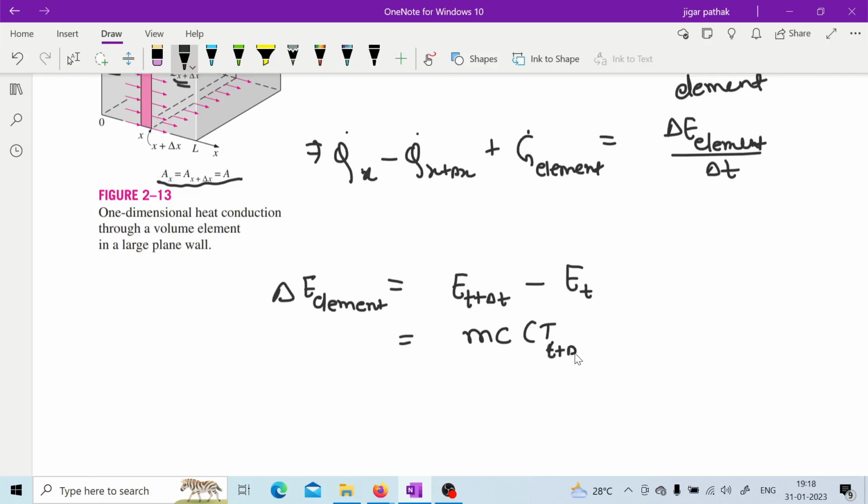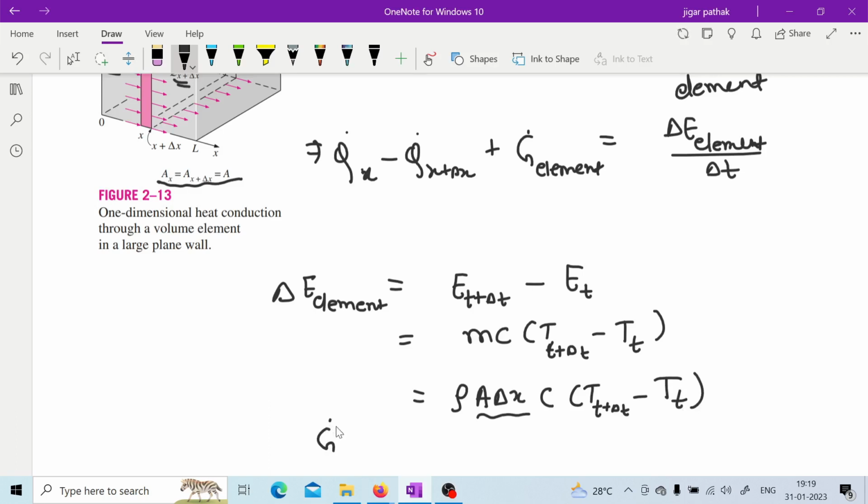And m can be written as rho into V. Rho into V is nothing but rho A delta x in our case, because A delta x is the volume of our element. So this is how you can write this delta E for this particular case.